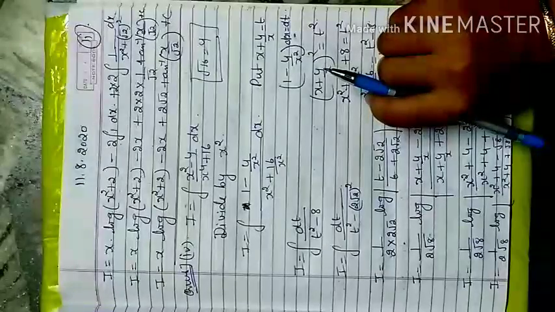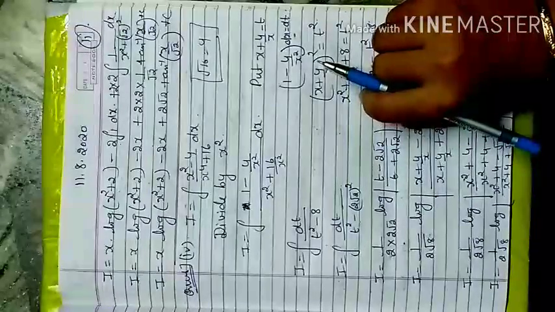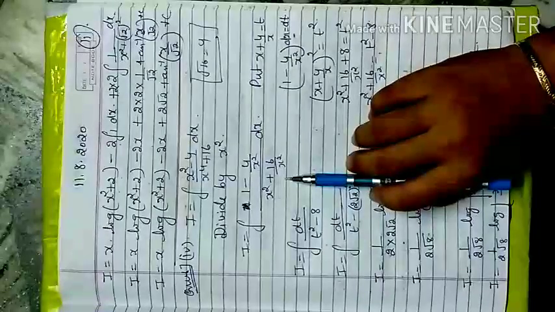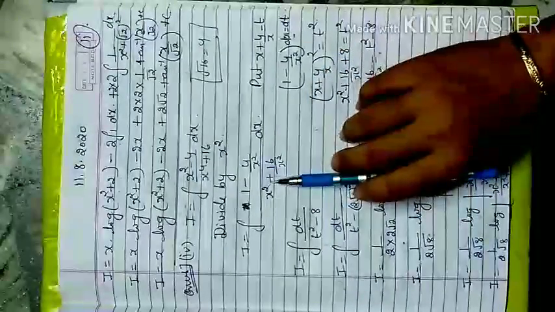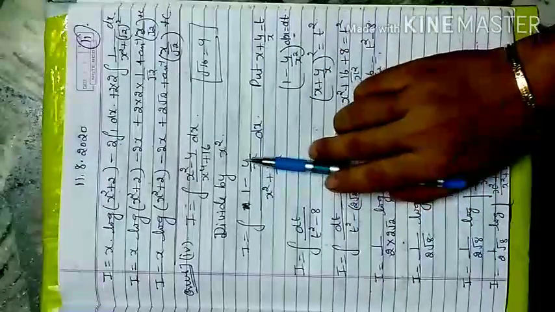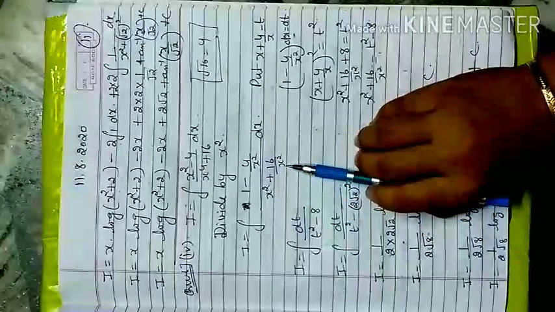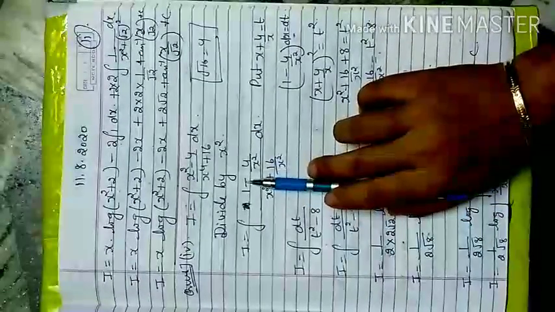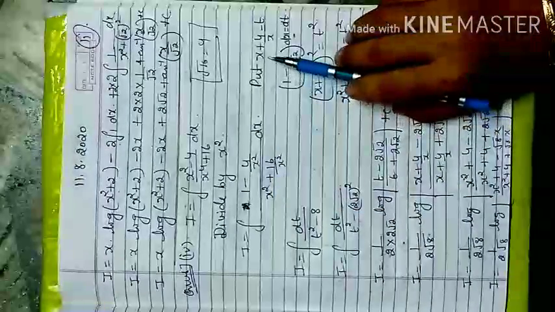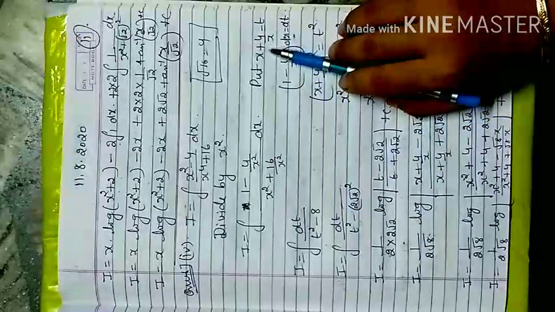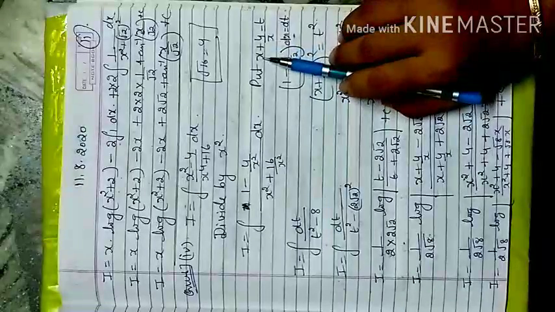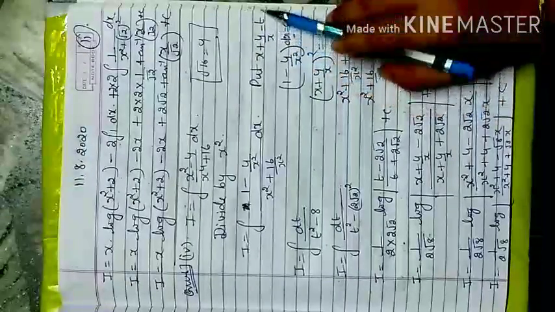So when this condition is true, you divide the numerator and denominator by x square, then 1 minus 4 by x square over x square plus 16 by x square. Now here 4 is the constant term, so if a negative sign is there, you change the sign: x plus 4 by x is equal to t.